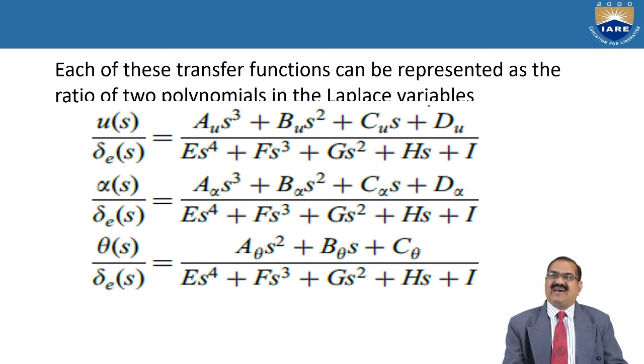So here we can write u s by delta_e s is equal to Au s cubed plus Bu s squared plus Cu s plus Du, divided by E s to the power 4 plus F s cubed plus G s squared plus H s plus I. Like this we have made it for u s by delta_e s, alpha s by delta_e s, theta s by delta_e s.